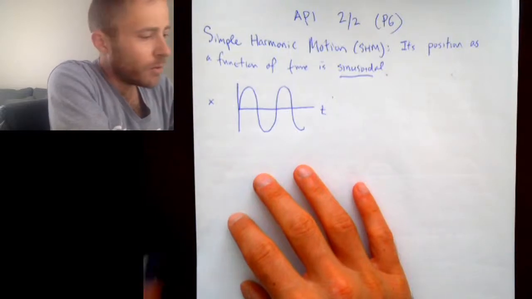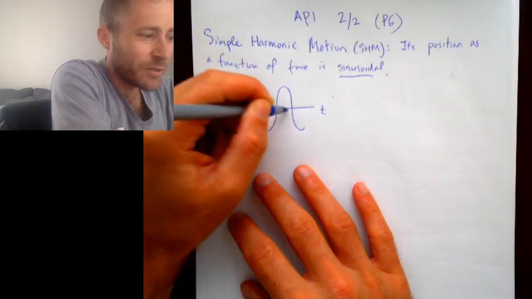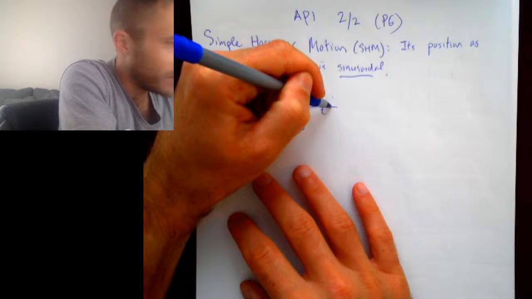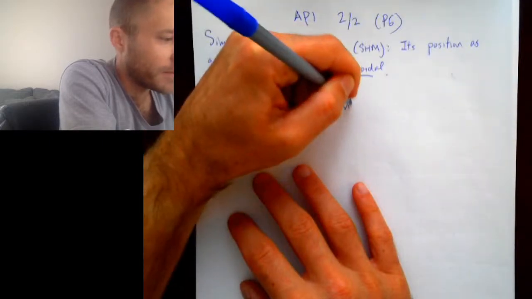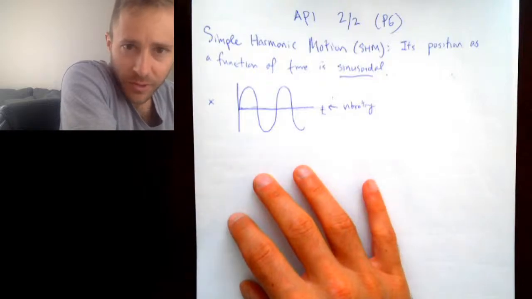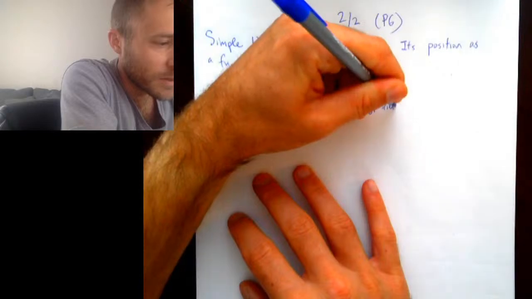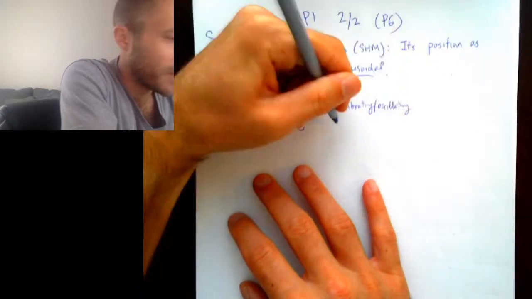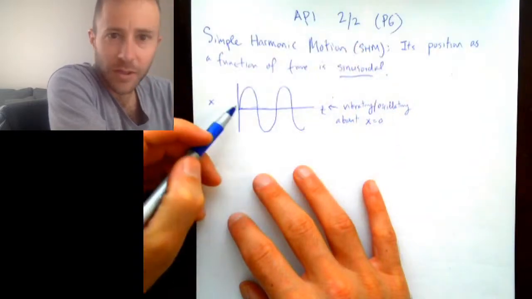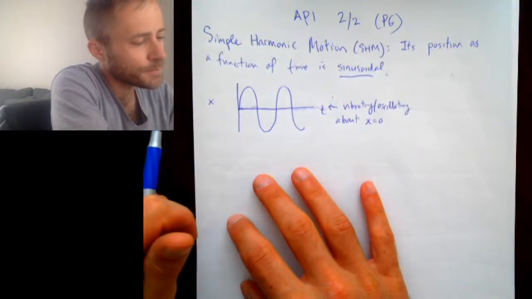So what we notice is that the motion has a center line. So if we look at it, it's vibrating. In this case, it is vibrating. Another word I'll often use just as a synonym for vibrate is oscillate. It's oscillating about x equals 0. That's the center point of this vibration, okay?